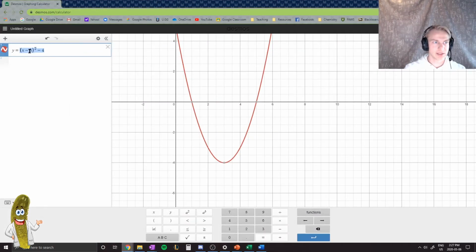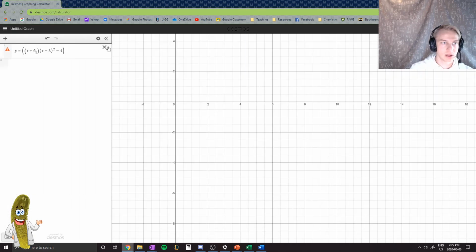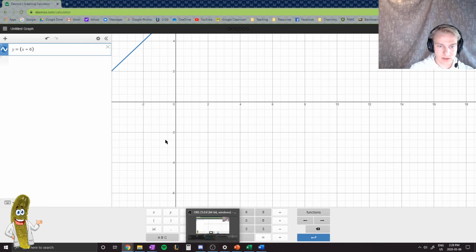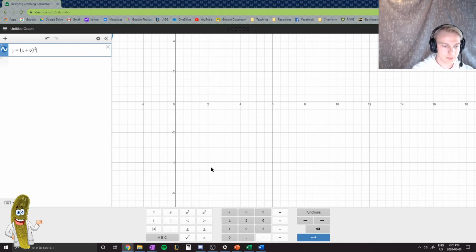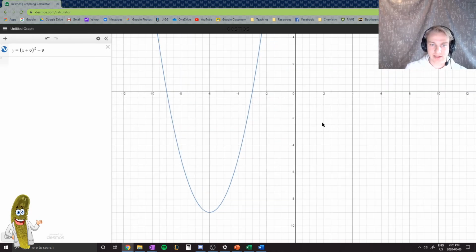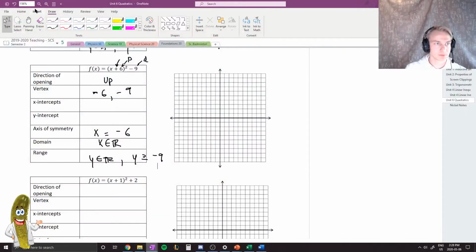And so if we plug that equation into Desmos, we get y is equal to... let's just clear this out. Y is equal to bracket x plus 6 bracket squared minus 9. And then we could check this graph and say, is this exactly what we had previously seen?